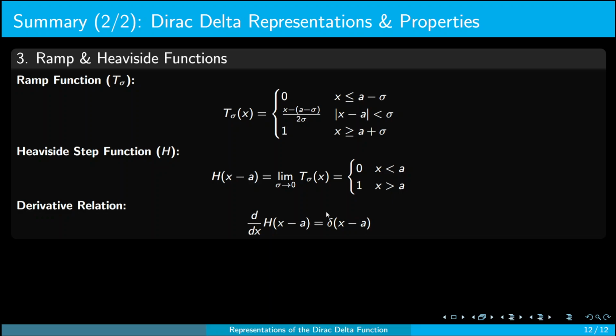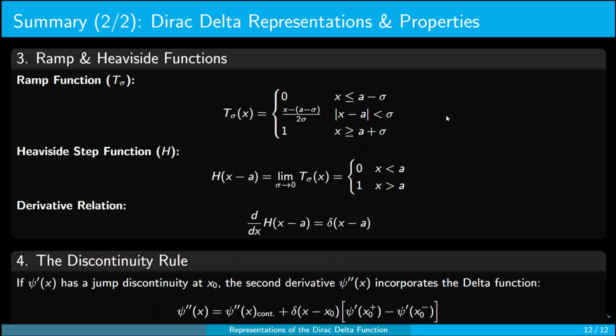So if I want to write the Dirac delta function in terms of the ramp function, I will write the limit sigma tends to 0 of d upon dx, the derivative of t sigma x with respect to x. That will give us the Dirac delta function.